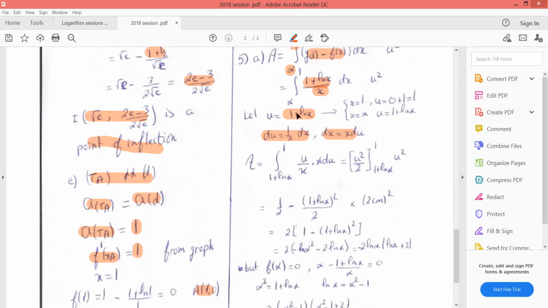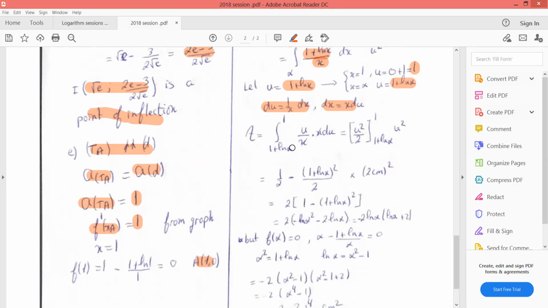We change the bounds: for x equal 1, 1 plus ln 1 gives u is 1. For x equal alpha, u equal 1 plus ln alpha. So the area is the integral from 1 plus ln alpha to 1 of u over x times x du. x and x are simplified. We get u squared over 2 between 1 plus ln alpha and 1.